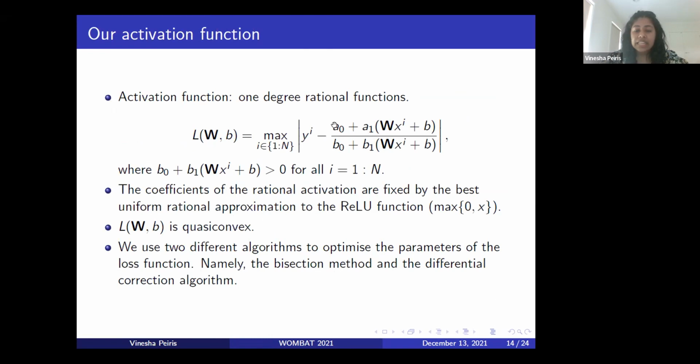They initialized these coefficients with the coefficients coming from the best rational approximation to the ReLU function, and then let these coefficients be learned while they trained their network. We are fixing these coefficients because we need the quasi-convexity of this objective function. But at the same time, I think it is a better activation function than the ReLU function.